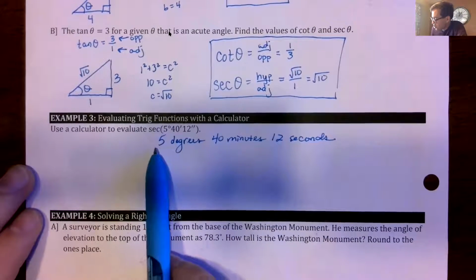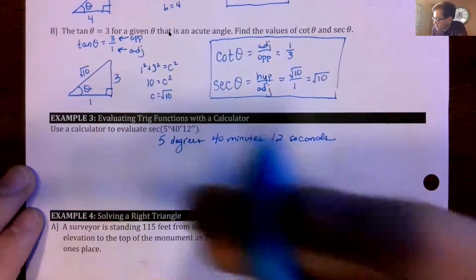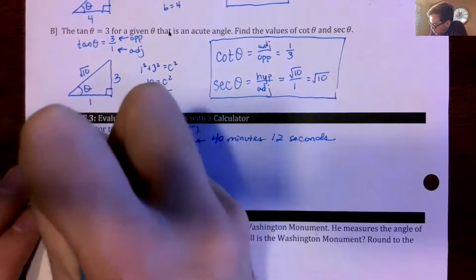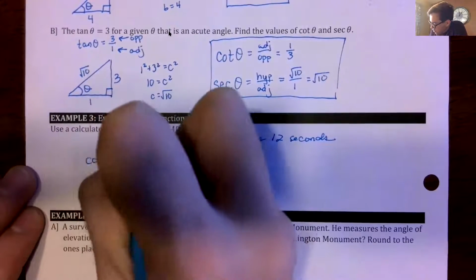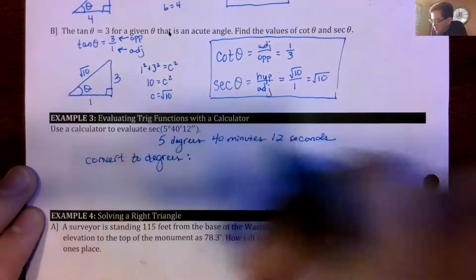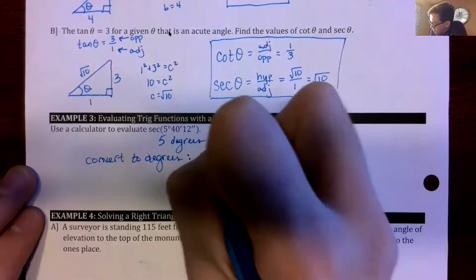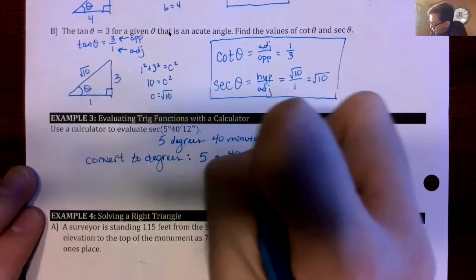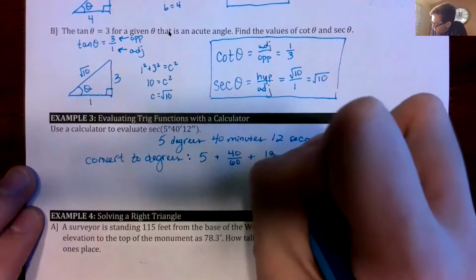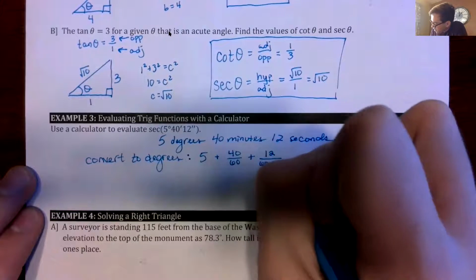So if we're going to translate this into just degrees, or convert, which we'll do first. So we're going to convert to degrees. We're going to end up with 5 plus 40 over 60 plus 12 over 60 times 60.